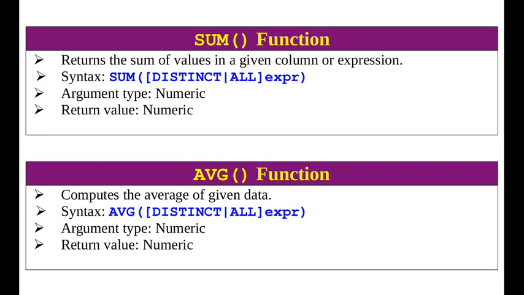Its syntax: sum within bracket, distinct or all, expression. Similarly, the average function computes the average of given data. Its syntax: AVG within bracket, distinct or all, expression. Both sum and average take numeric argument types and both return numeric values.